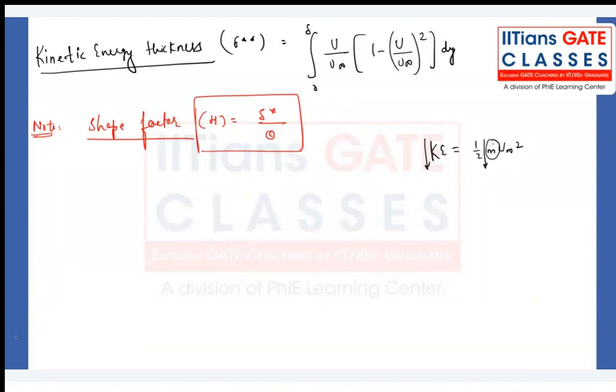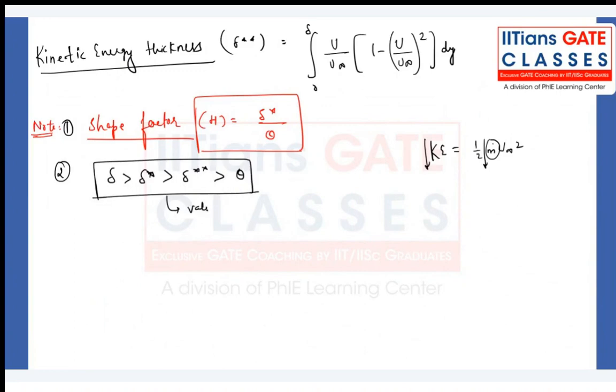What is the shape of that velocity profile? Because of that, the name is given as shape factor. That is note number one. Put a note number two: delta will be more than delta star, more than delta double star, more than theta. It is valid for all the velocity profiles.